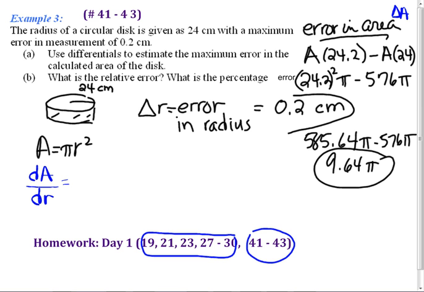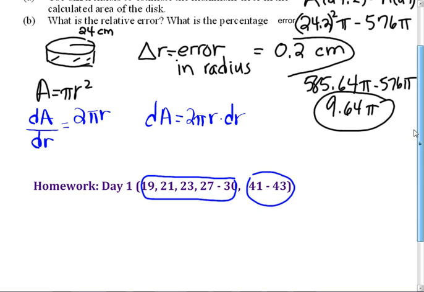What's the derivative of that? Does anybody recognize that formula? That's the circumference, and I've seen problems on the exam where they expect you to recognize that formula. Okay, solving for dA, what's dA equal to? It's equal to 2 pi times the radius times dr.